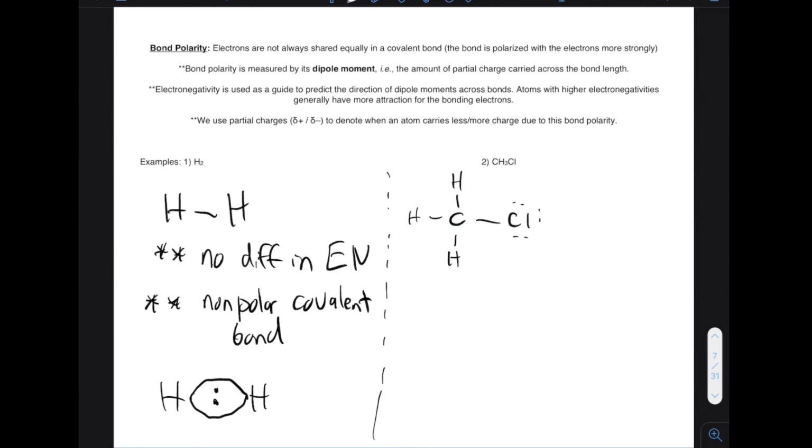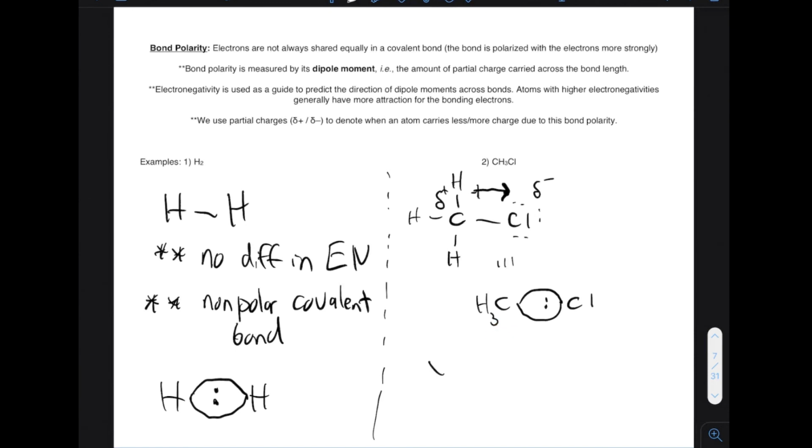The way we denote that difference in electronegativity is with this dipole moment bond, like so. We can say that chlorine has a partial negative charge on it, and carbon has a partial positive charge on it. We can also draw it to show where the electrons are lying, and put them right here, saying that in general the electrons are lying more towards the chlorine than towards the carbon.